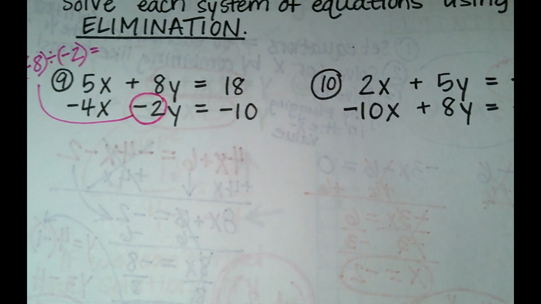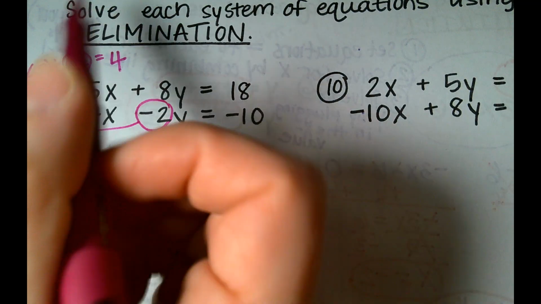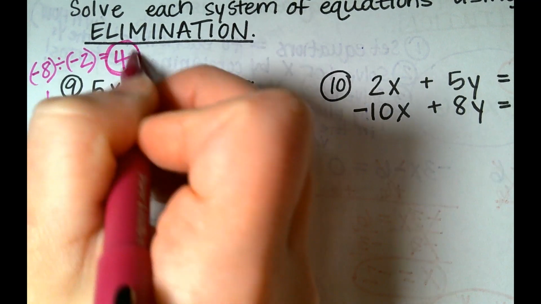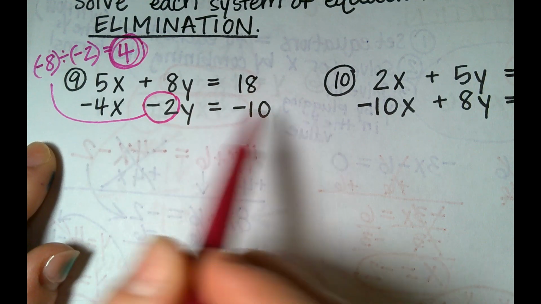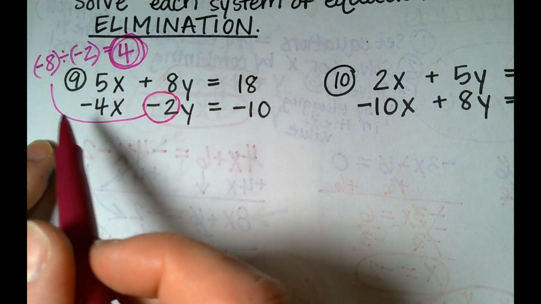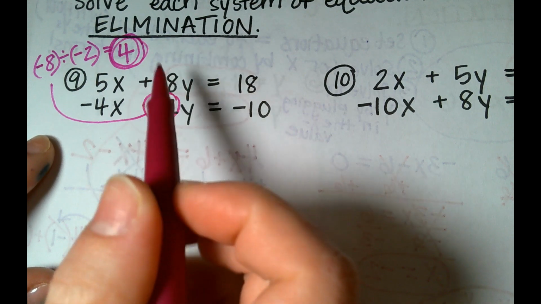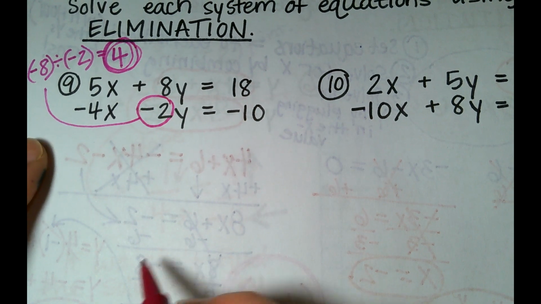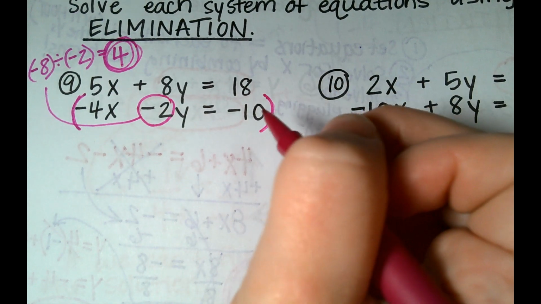What is that equal to? 4. So I know now 4 is what I should multiply this second equation by, because if I multiply by 4, I can cancel out my y values. So let's go ahead and put that second equation in parentheses.